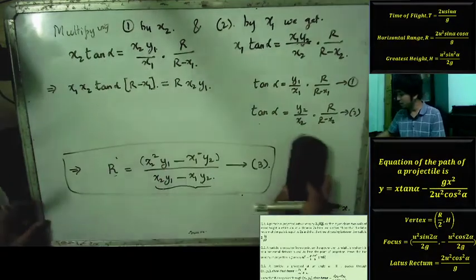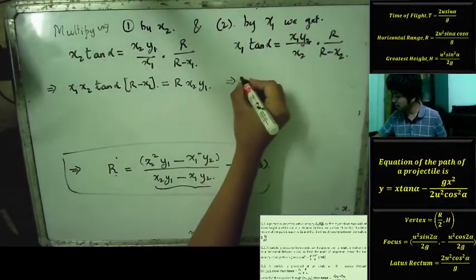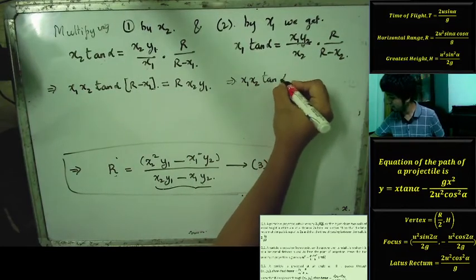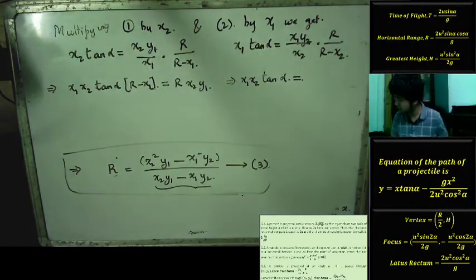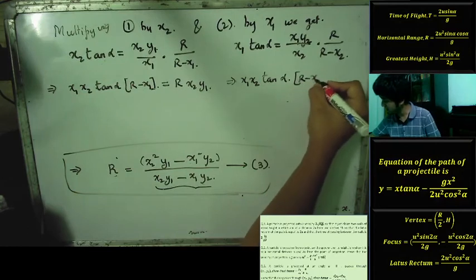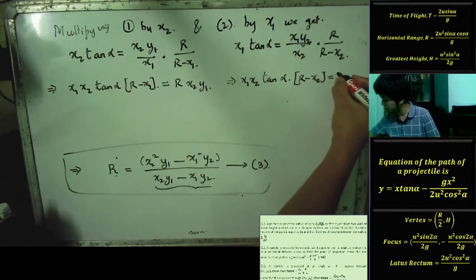Similarly, on this side we will have x1 x2 tan alpha into r minus x2 equal x1 y2 r.